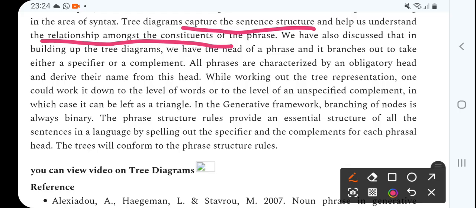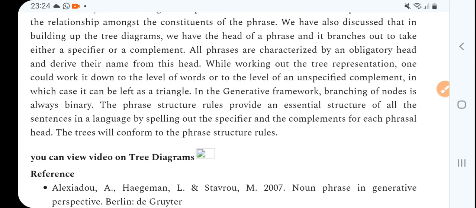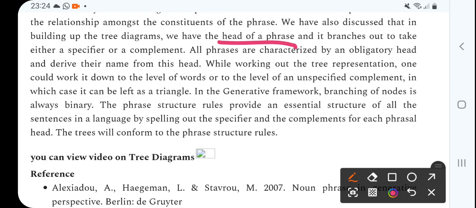So different phrases and what is the relationship of different phrases with one another. We have also discussed that in building up a tree diagram we have the head of the phrase and it branches out to take either a specifier or complement. So other branches are called specifier or complement.